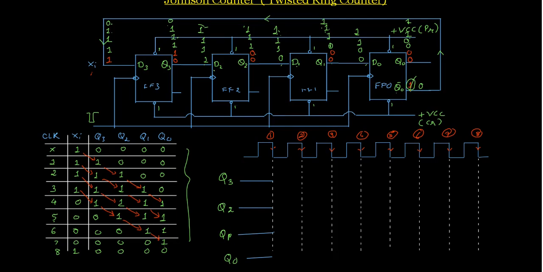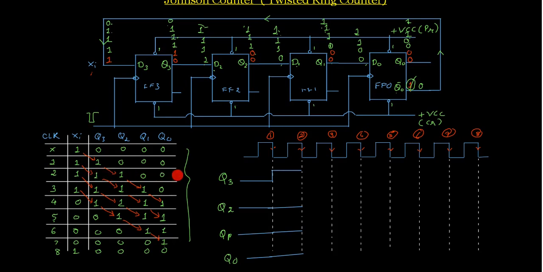So if we draw, then Q3 is going to be high, it remains high from the first negative edge, then Q2 is 0, Q1 is 0. Then with the second negative edge, Q3 and Q2 both are high, but Q1 and Q0 are 0, 0.